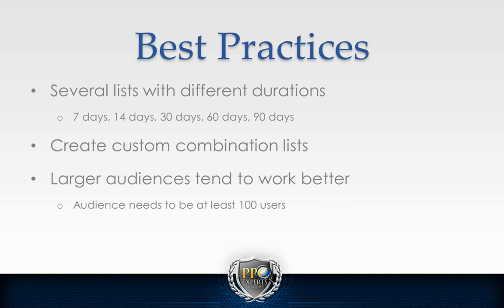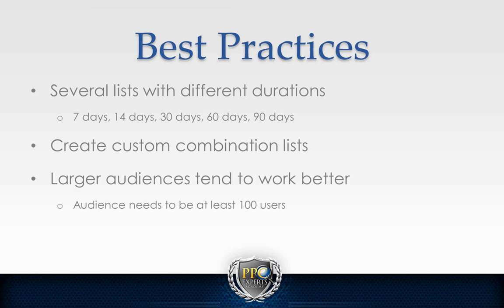So you also want to create several lists with different durations. So maybe you have an abandoned shopping cart list. Well, you want to have an abandoned shopping cart list for people that have abandoned within 7 days.